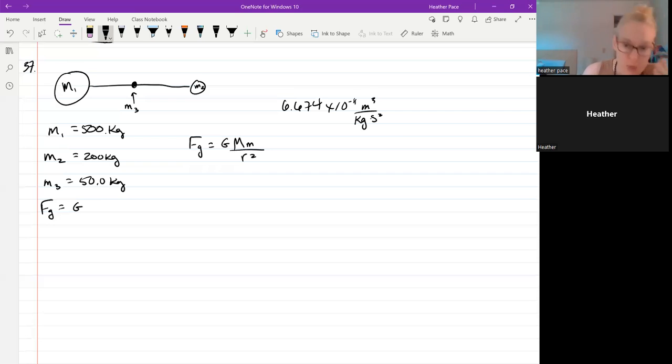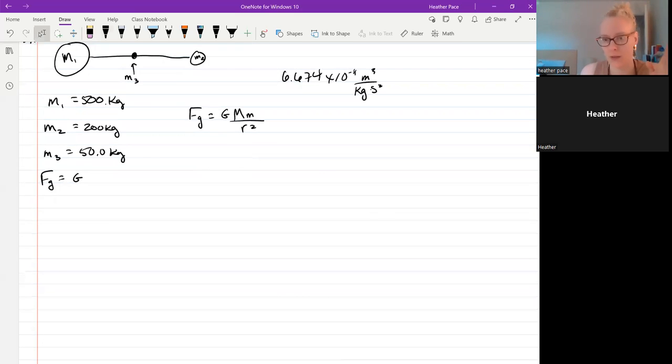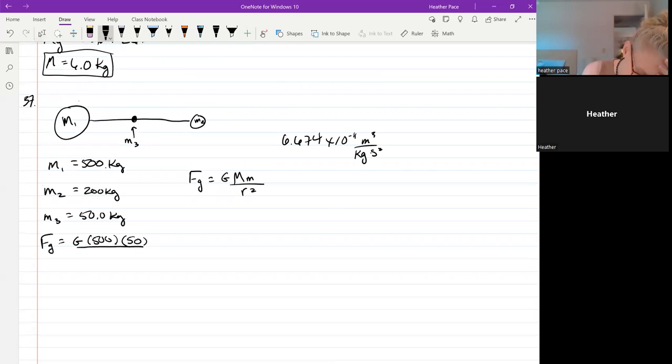All right, so we'll leave G in until the end, until we get out our calculator. So big mass is 500, little mass is 50, distance between them. So now we're given the full distance between 1 and 2 as 0.400 meters.